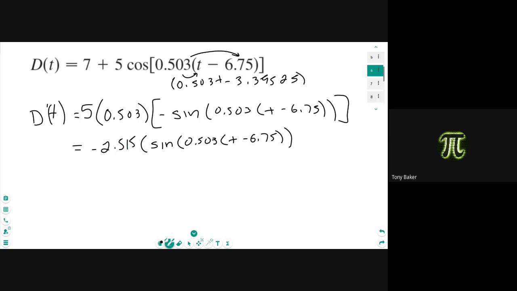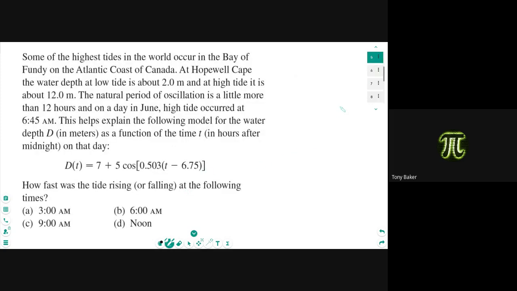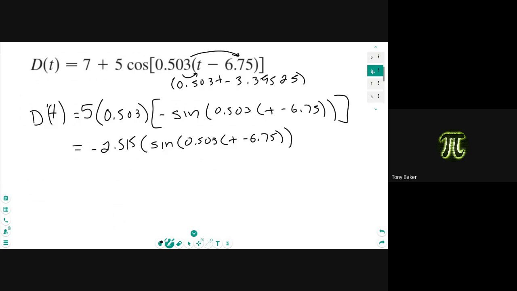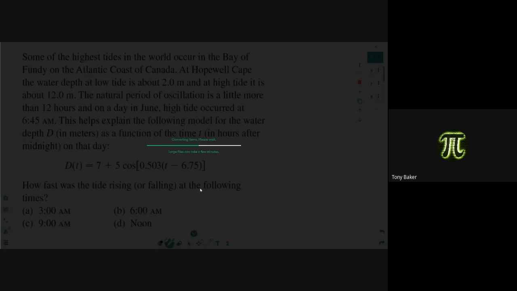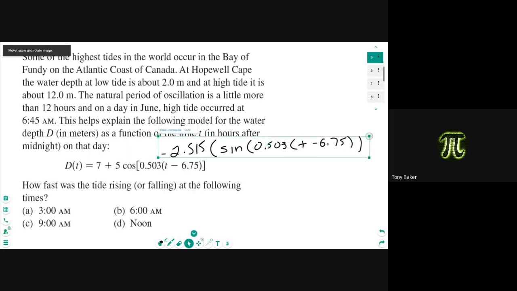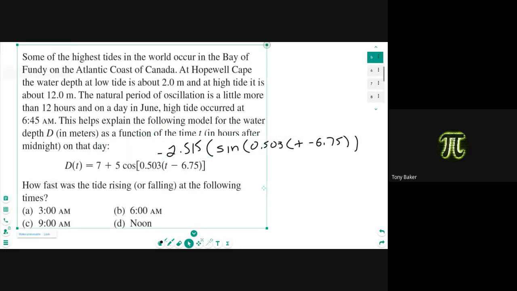I missed the 0 between the 5 and the 3. All right, so there's my derivative. Oh, they gave you easy ones. We'll change that one.